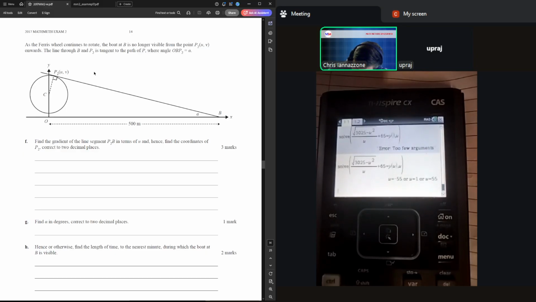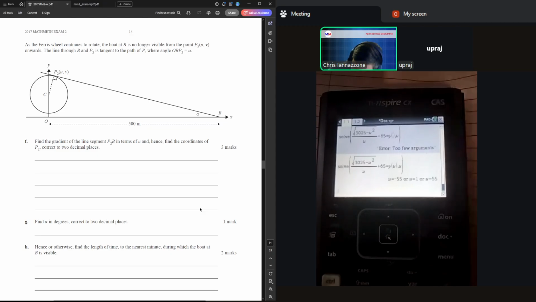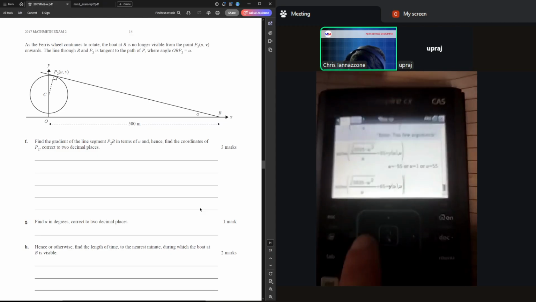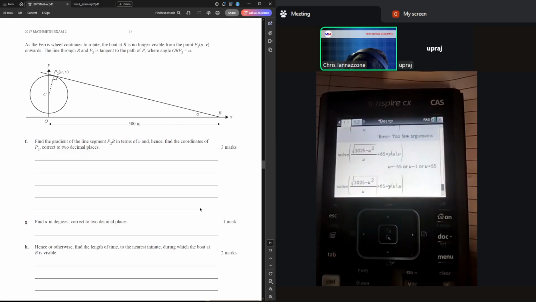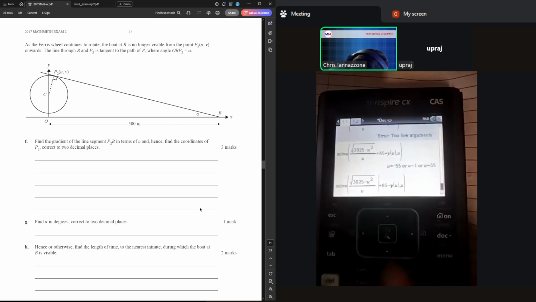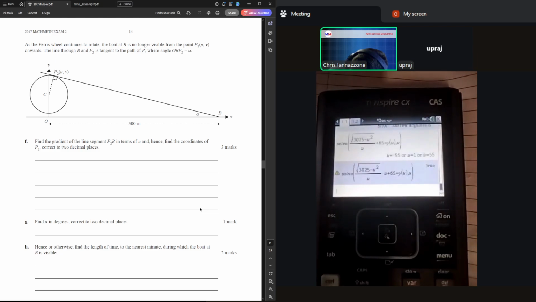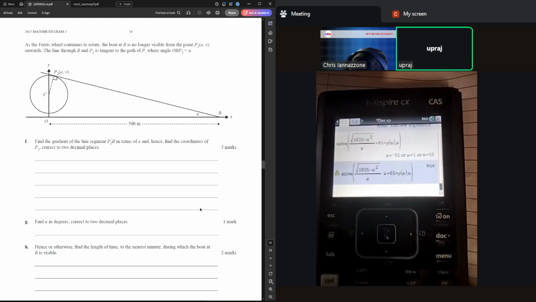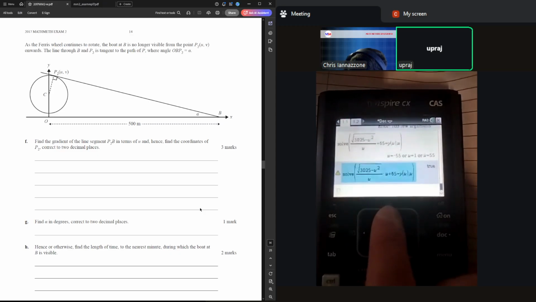Why is that off? Oh, it's times u. That's the gradient, times u. Again, why's my u key so busted? Wait, how'd that happen?